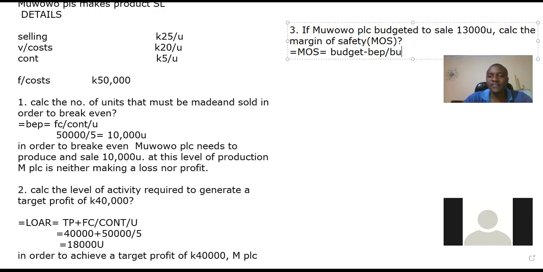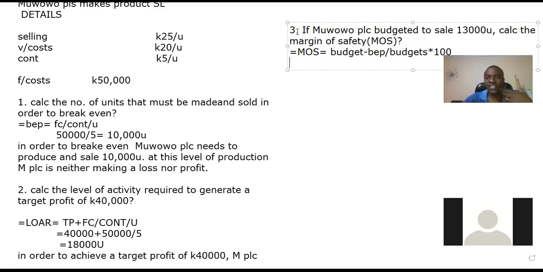So the budget minus the break-even units divided by the budget, and then the final answer we multiply by 100%, because the margin of safety should be worked out also in numbers, but also as a percentage.